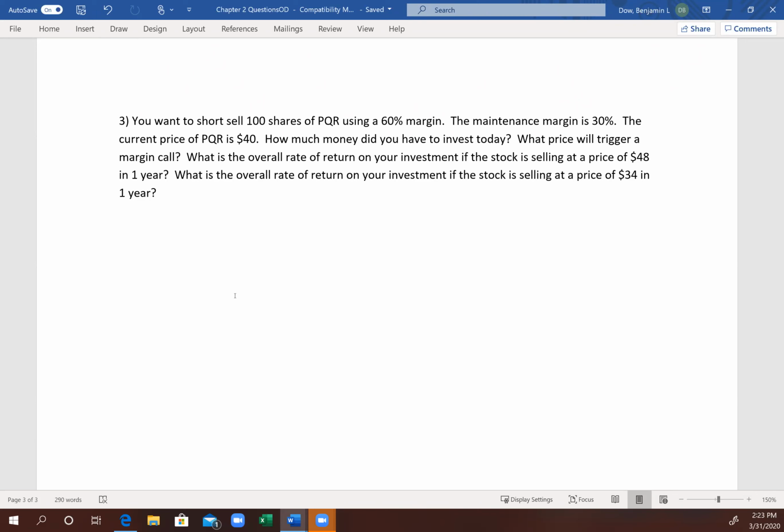And what you're really hoping for is the stock price to go down, at which point in time you can buy it back at a lower price.